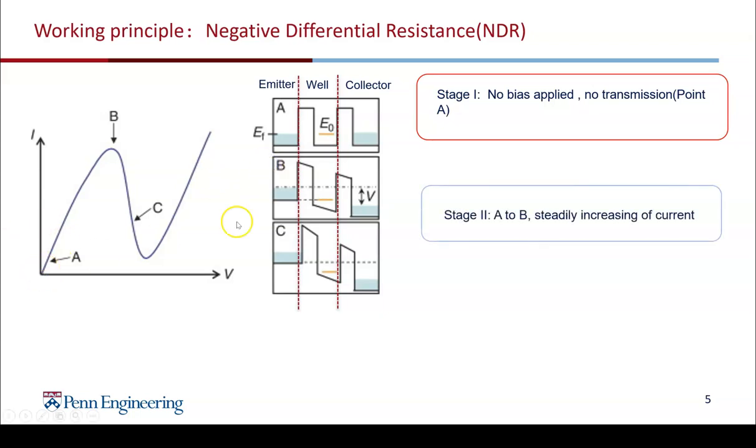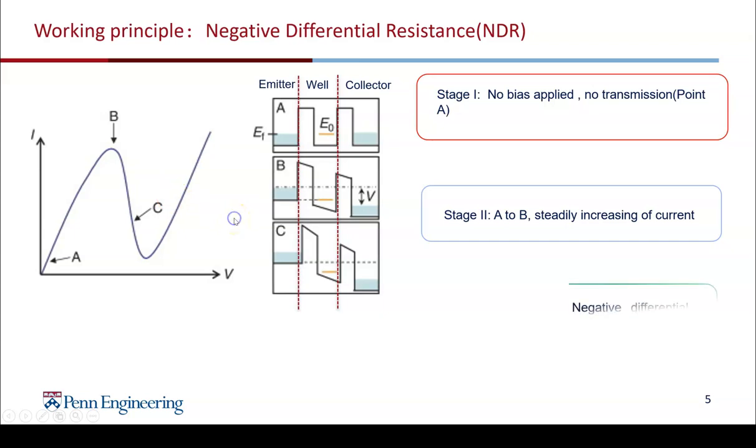Here at point A. At stage 2, from A to B, as the voltage increases, we can see the tunneling current also increases until it reaches its maximum peak, B. This means that the conduction band of the emitter meets the first energy level, and the tunneling probability equals 1. So we will have the largest current, the peak current.